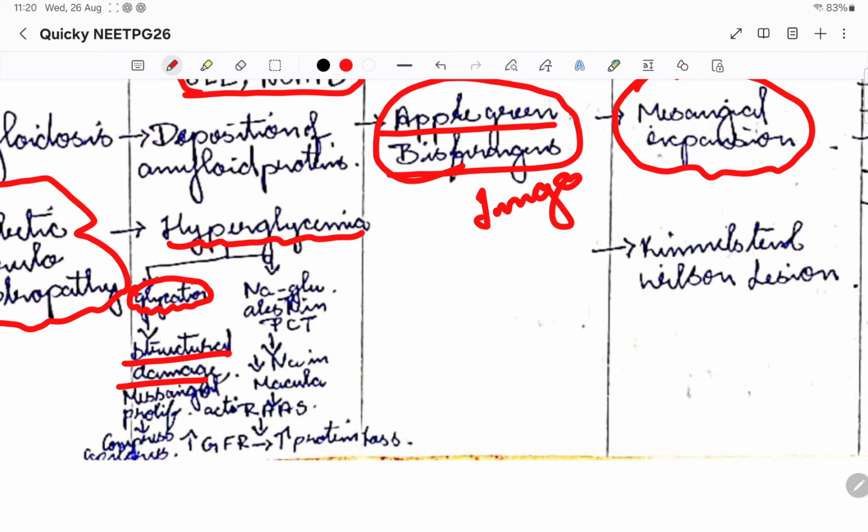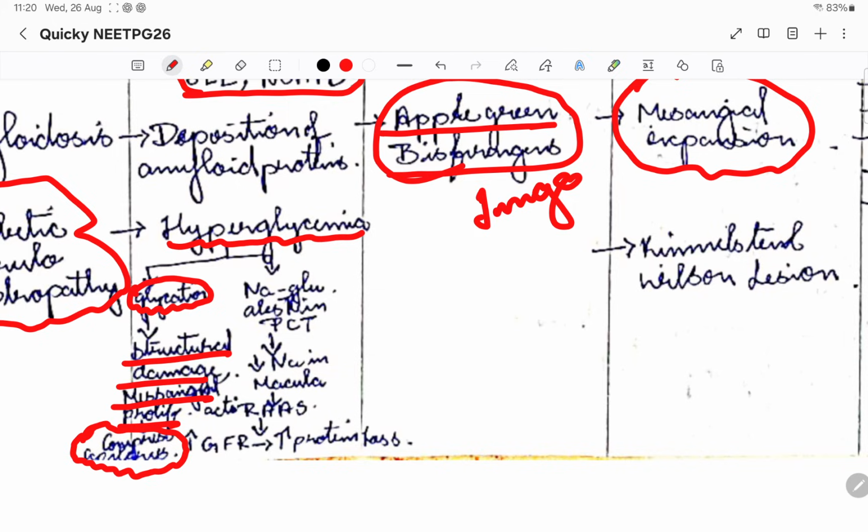Increased glucose means increased mesangial proliferation, because the cell is getting too much glucose. It acts like a growth factor, and the mesangial proliferation leads to compression of the arterioles.